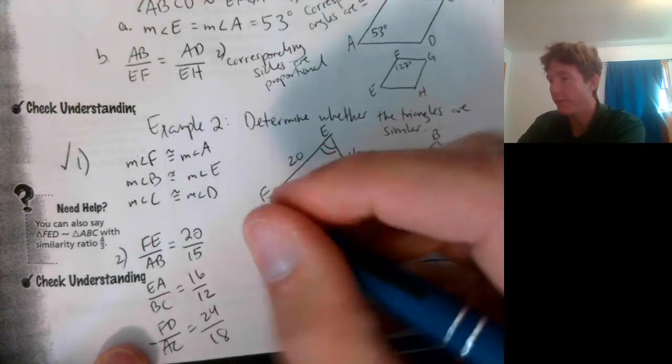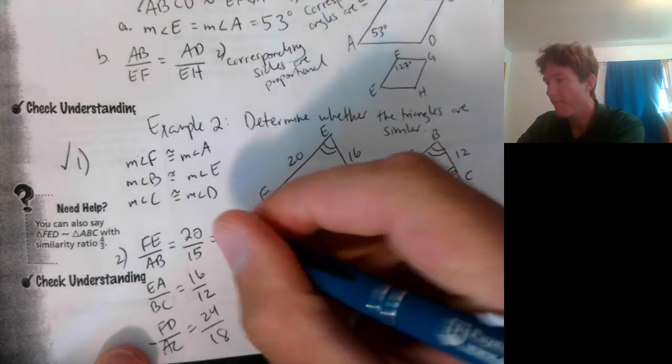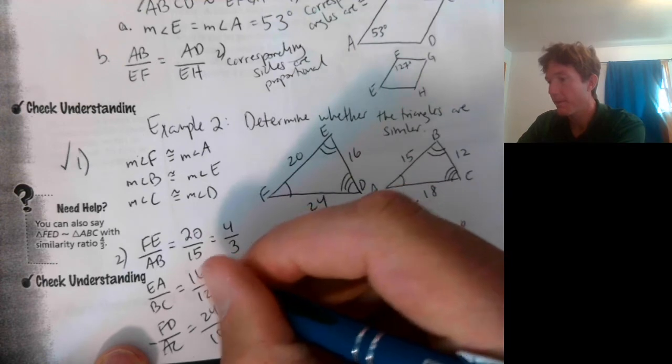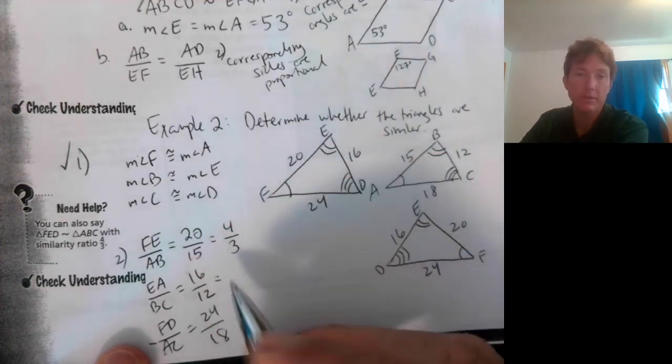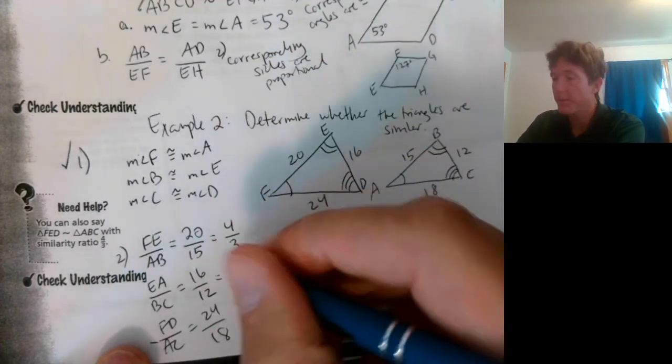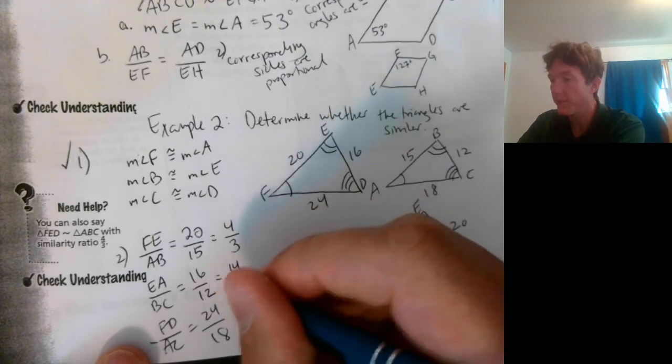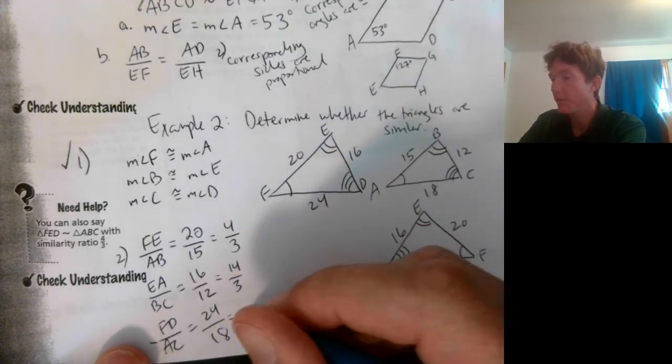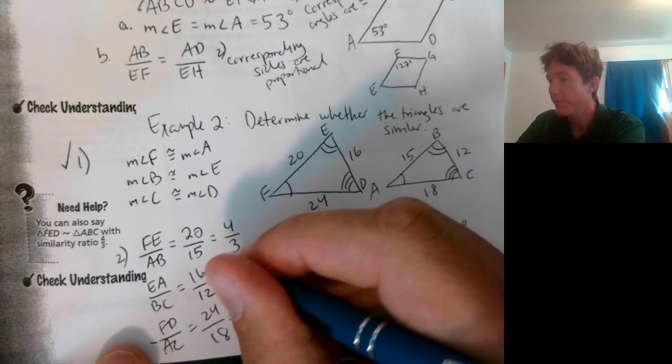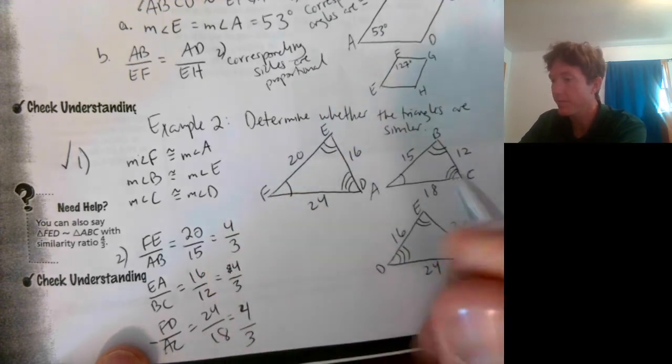So 20 over 15 is the same as 4/3. How did I do that? I took out a 5. 16 over 12 is 4/3. How did I do that? I took out a 4. 24 over 18 is 4/3. How did I do that? I took out a 6.